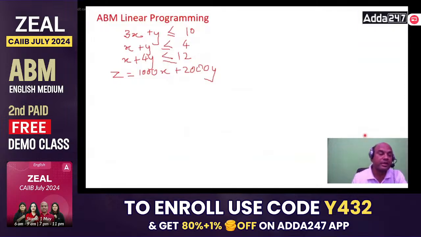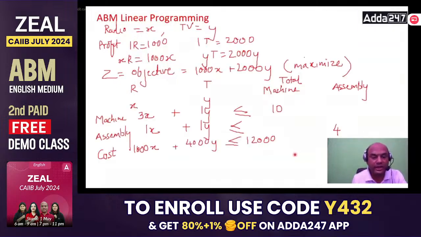Now, let's solve this. Let's write it in a simple mathematical format. 3x plus 1y is less than or equal to 10. 1x plus 1y is less than or equal to 4. And 1000x, remove these zeros, so 1x plus 4y is less than or equal to 12.